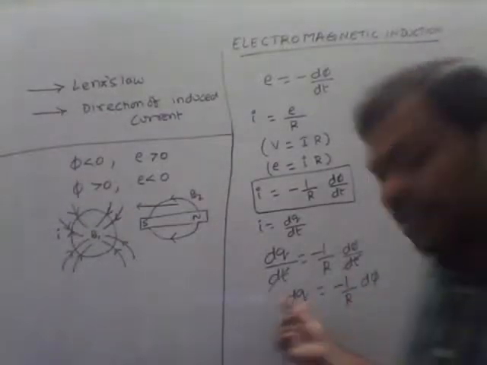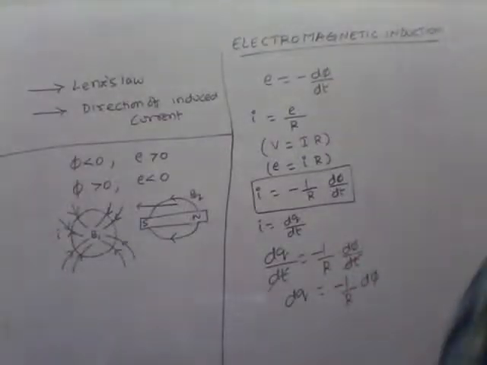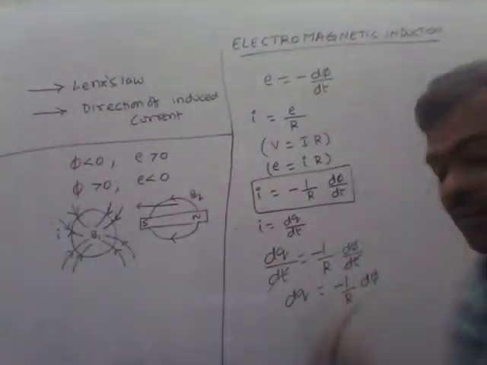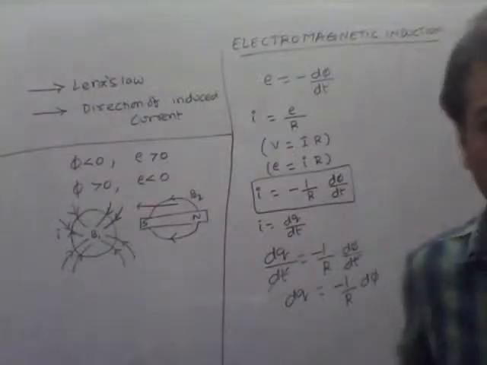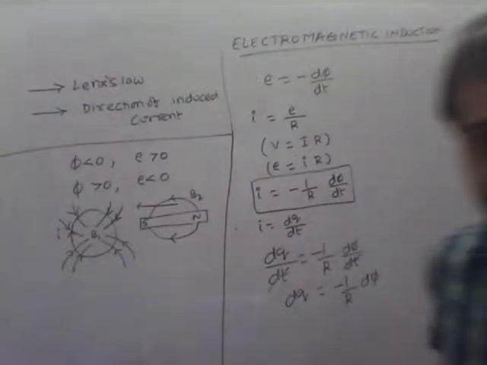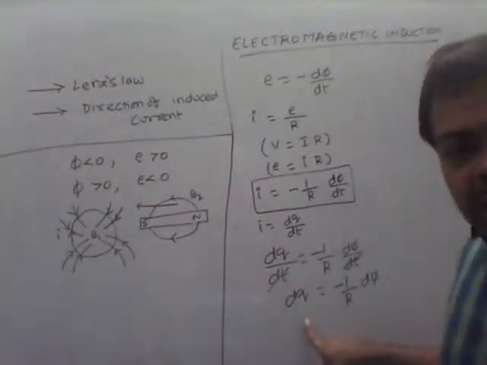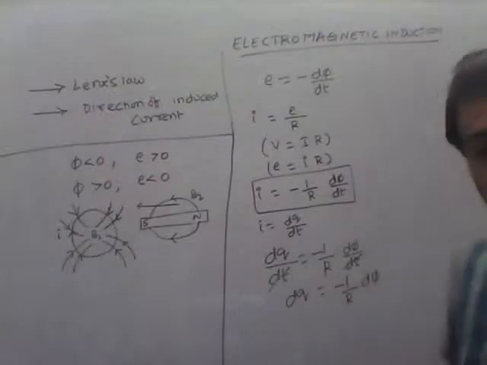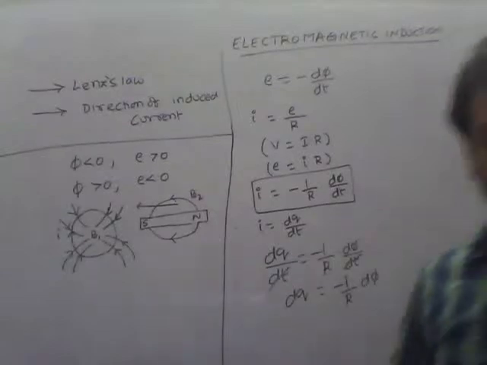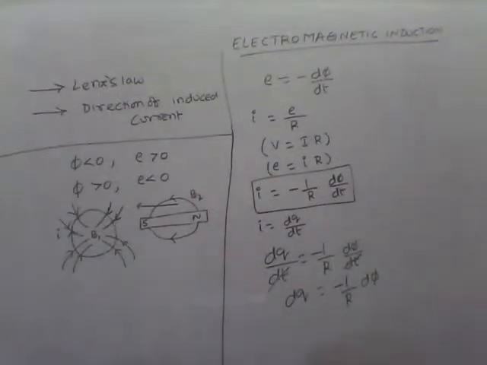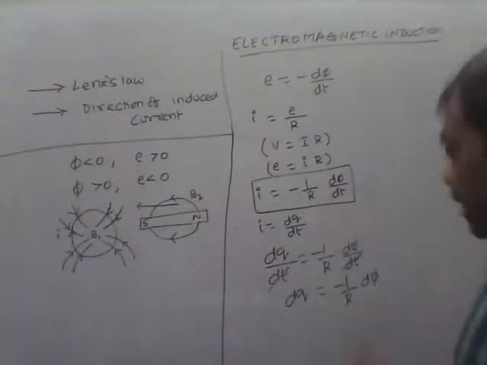Here dq is the small amount of charge induced, and d phi is the small change in magnetic flux. So the induced charge depends only on the change in the magnetic flux and the resistance of the given conductor or coil.